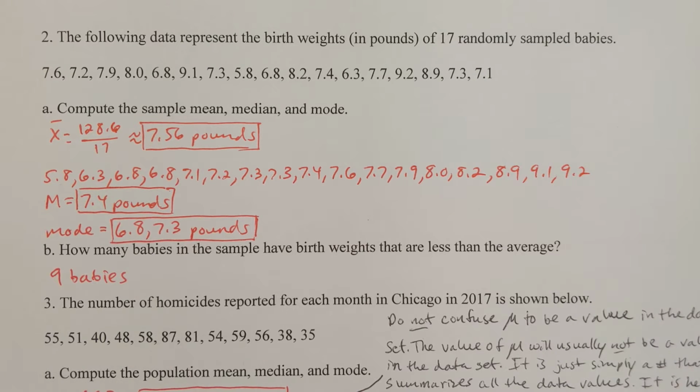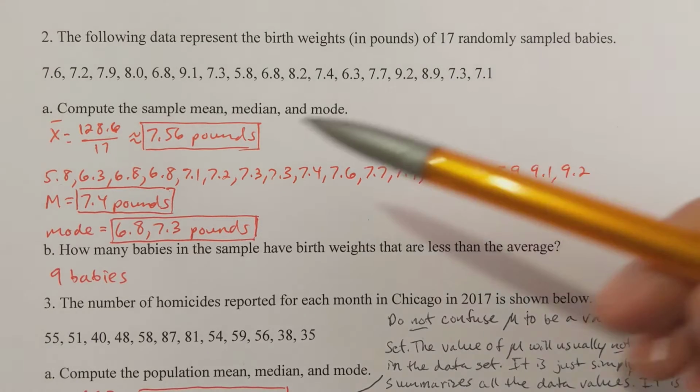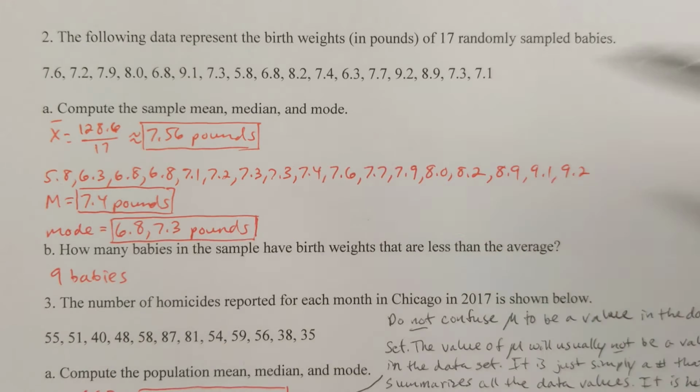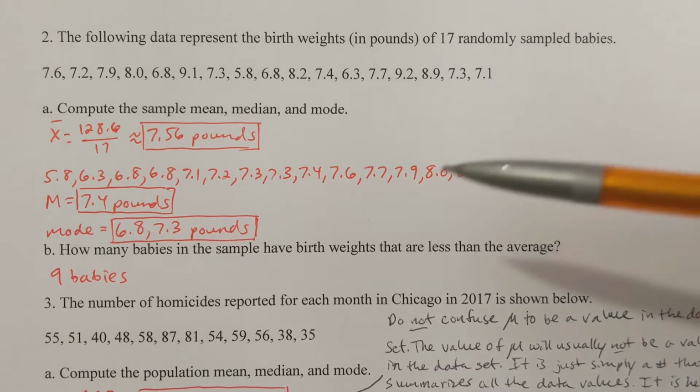By the way, something I've noticed as far as rounding, in this chapter and pretty much forward: if you're given a data set where the data values go to 1 digit, when you compute the mean or the standard deviation, which we'll get to in the next section, usually they'll have you go to the nearest 2 digits.